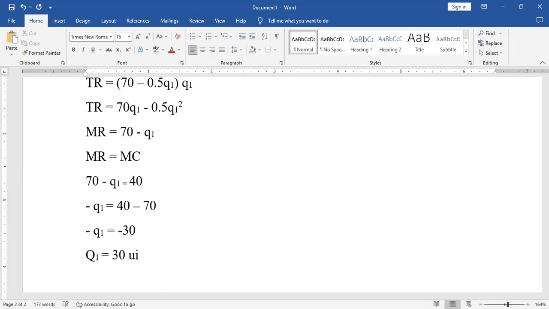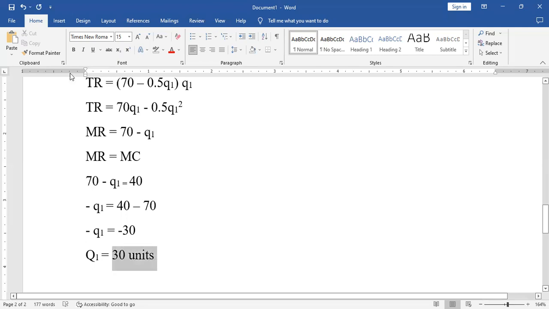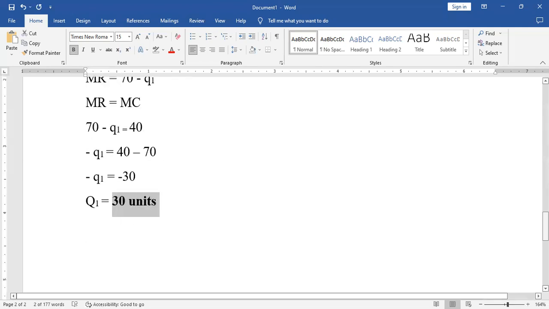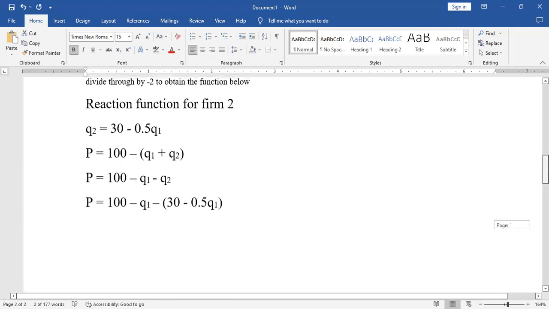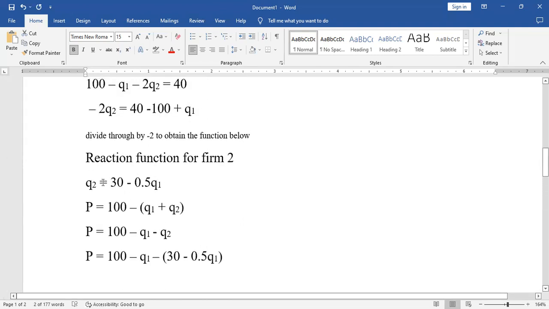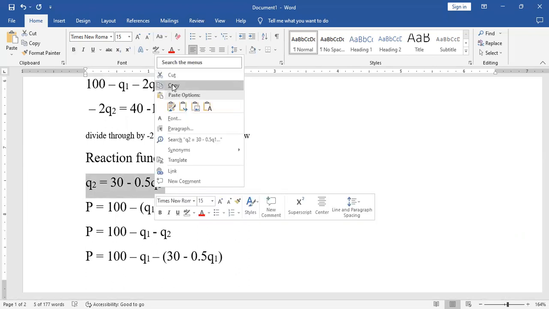So you see, that's how firm 1 is going to produce. So now, having this in mind, we can tell the quantity for firm 2 just by using the reaction function for firm 2. Here it is.